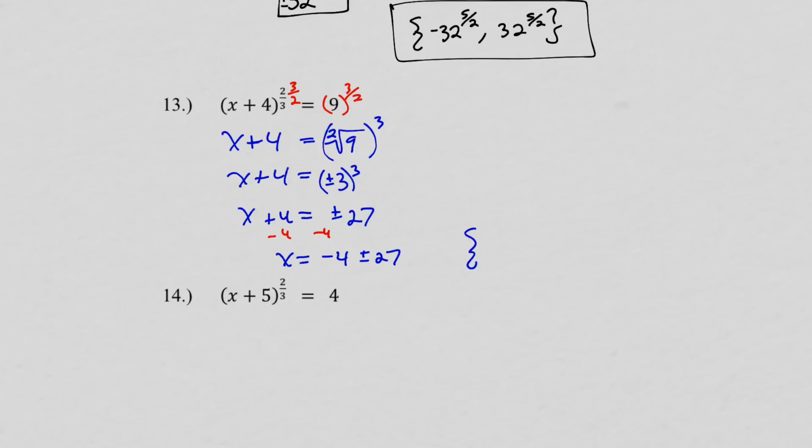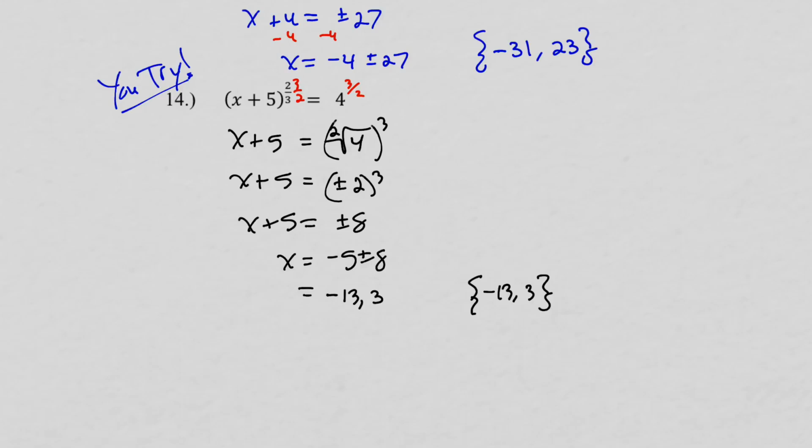And if you do each of those, you're going to get 27 minus 4, 23, and -4 minus 27 is -31. Okay? So go ahead and try number 14. Pause the video and see you in a few minutes.